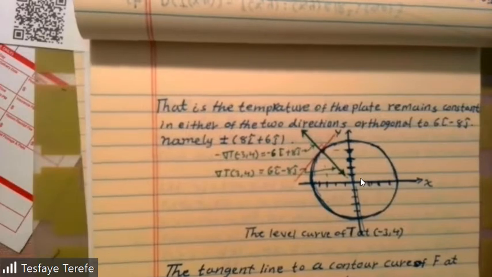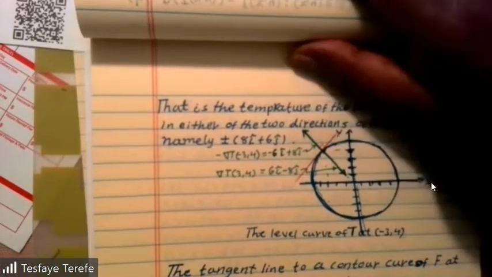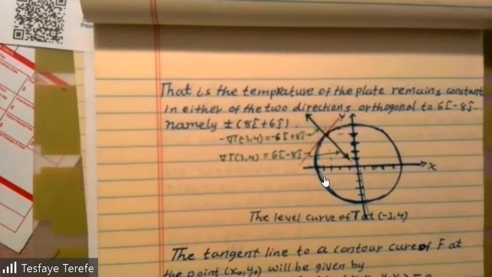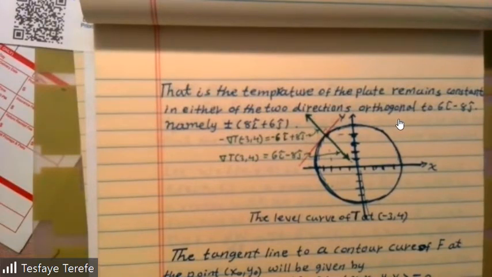The greatest rate of descent, or the minimum, is going to be when they are pointing in opposite directions.